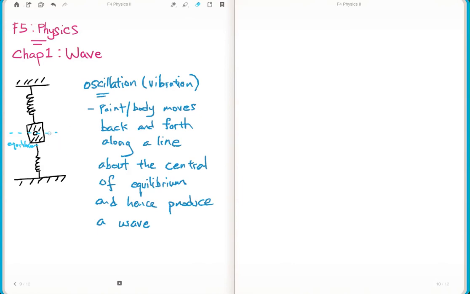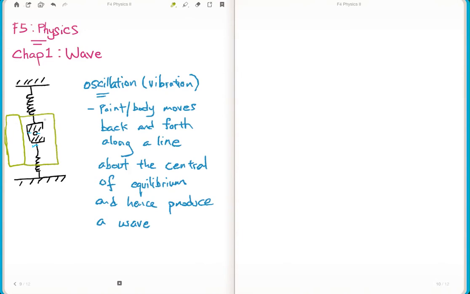What happens now is, instead of this system, I'm going to place a roll of paper. One roll of paper, rolled out over.